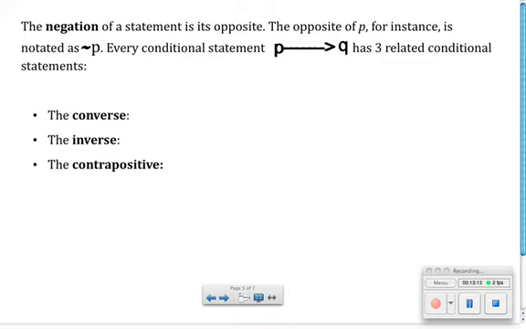So the converse of a statement would be Q arrow P. The inverse of that statement, the order of the statement is still the same. The if is still where it used to be, the then is still where it used to be, but I'm adding a not to both the if and then. So I end up with if not P, then not Q.